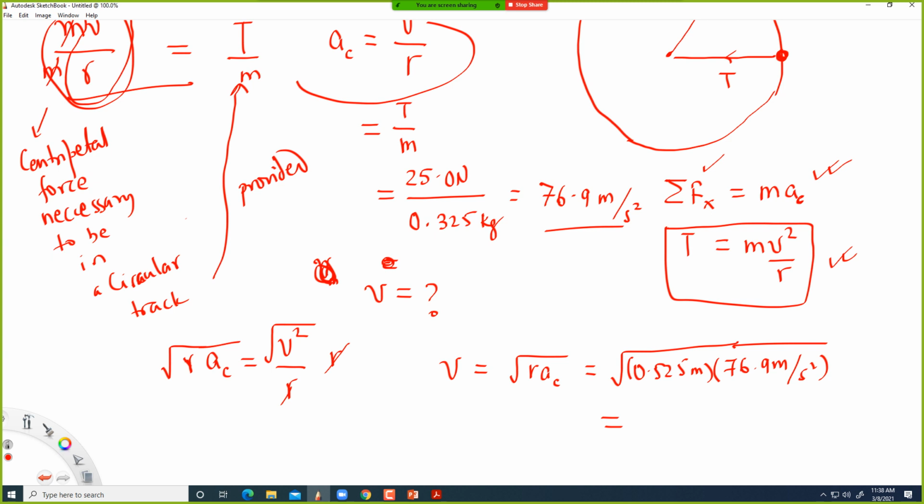So let's look at number 3. The main problem again here is to figure out what force is providing the centripetal force that is necessary to keep the object in a circular track.